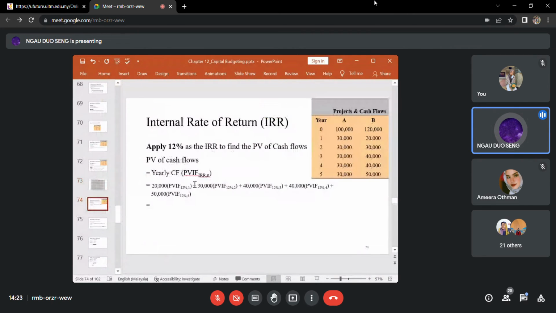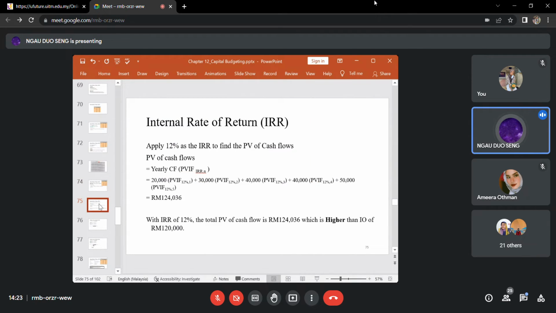Okay, same thing. Now we change to 12%. So sama lah, we just change to 12%. Then the procedure adalah sama. Since it is the same procedure, and you already counted one time, no need lah. I just give you the answer.